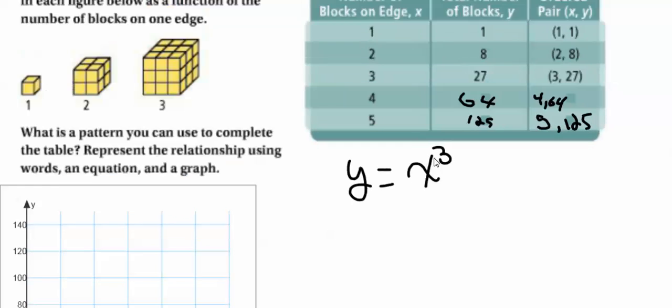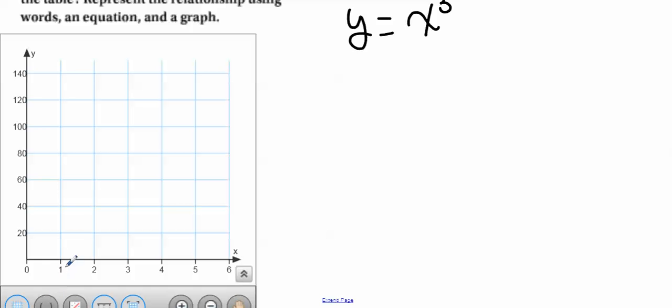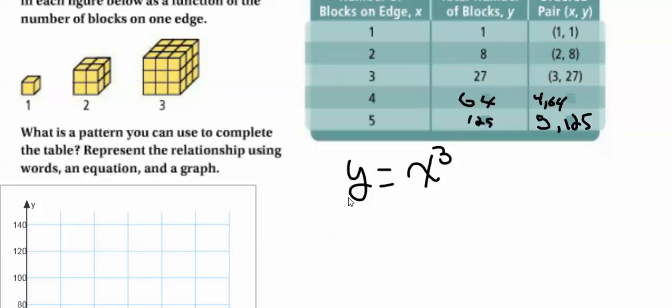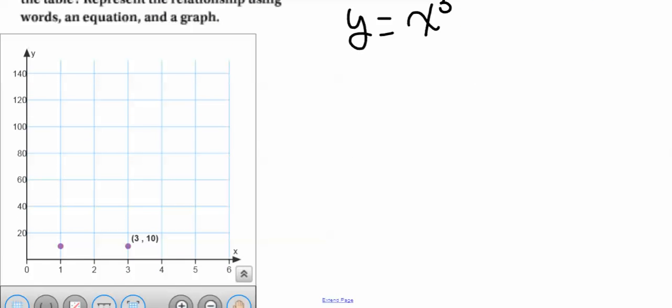Now, if we were to graph it, if we go to 1, 1, it's probably right about here. And then the next one was 3, 9, so we're probably right there. Actually, you're up a little bit. And then 4, what was 4? Oh, I'm sorry. I goofed that up a little bit.